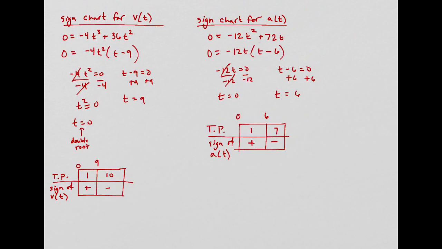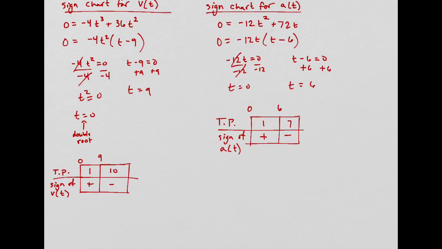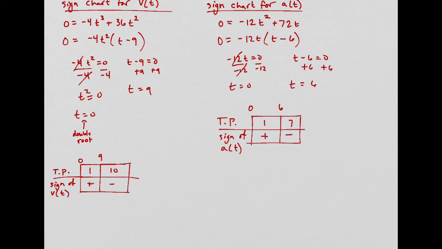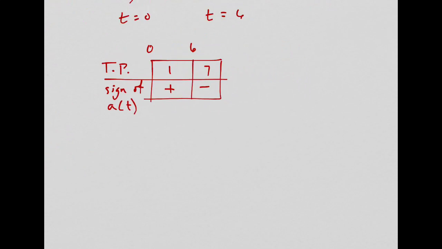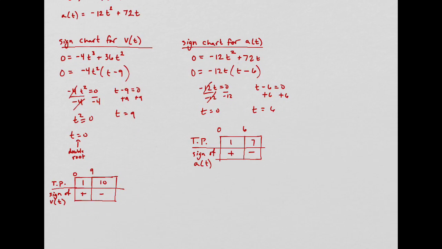Now, some of you can look at these and see where acceleration is positive and velocity is positive. But what I'm going to do is just draw a number line, and I'm going to include all of my critical points on the number line. Actually, I'm going to draw 2 number lines. So this is how I compare. If you think this is good enough, you can write out the intervals now.